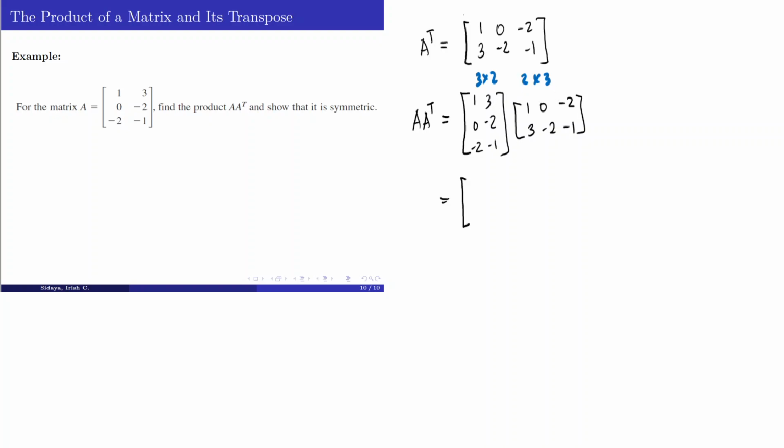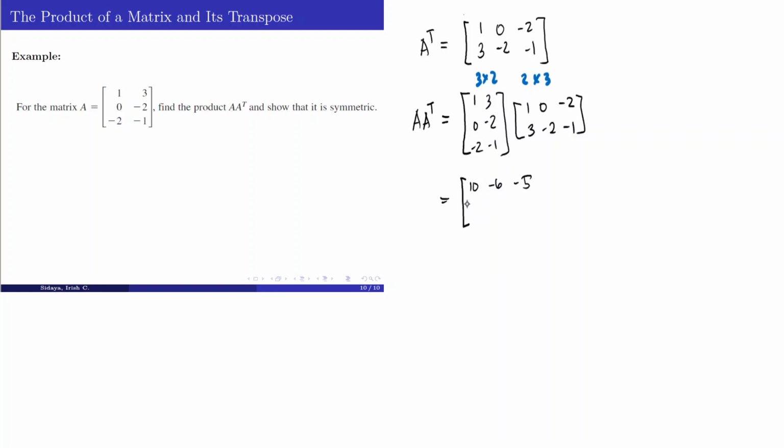So the result must be a 3 by 3 matrix. So we multiply, we have here, this is 1, 9, so we have 10. We multiply this first row to the second column, so that's negative 6. We have negative 2 and negative 3, so we have negative 5.